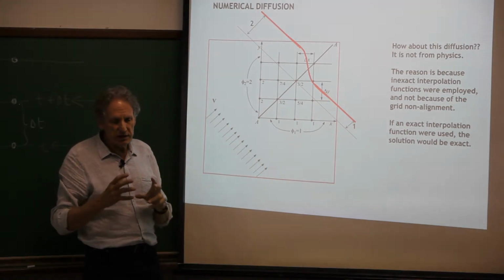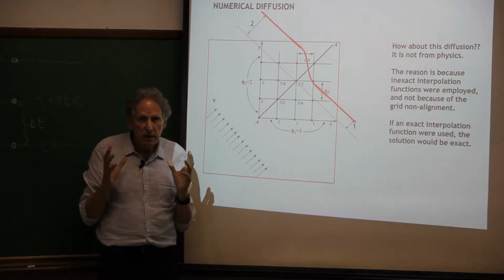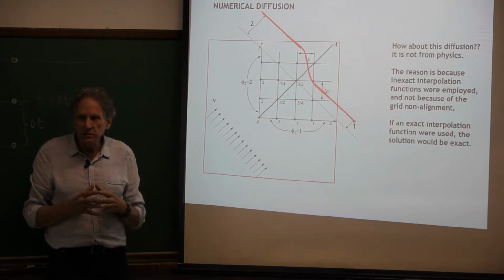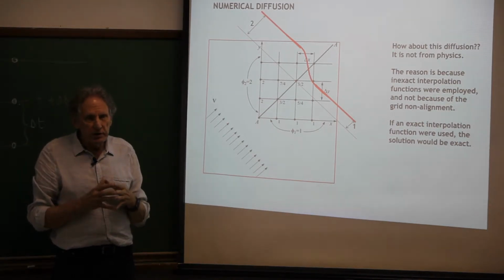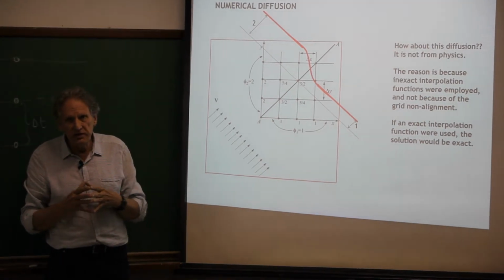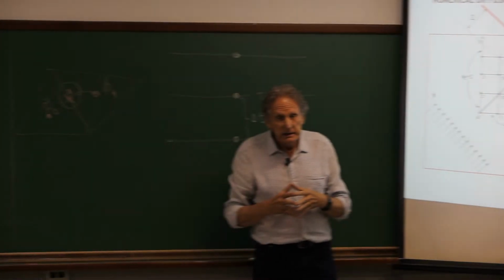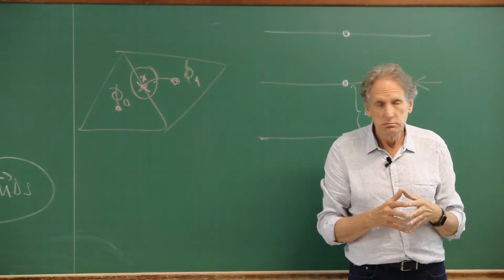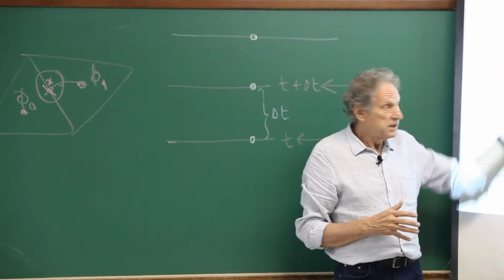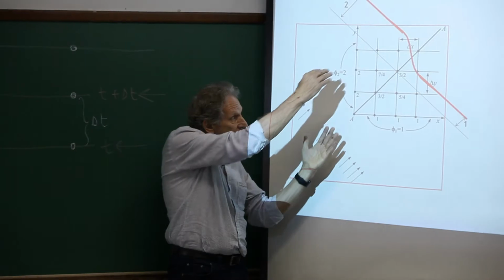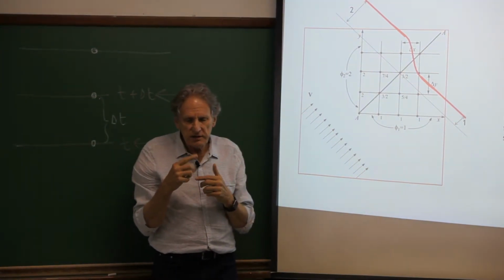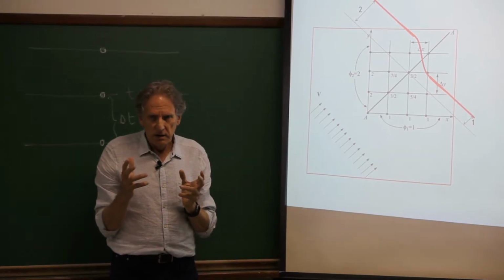And then I'm trying here to clarify a little bit, because I saw many students reporting that numerical diffusion exists because the grid is not aligned with the flow. What's happening here? The grid is not aligned with the flow. This is true.